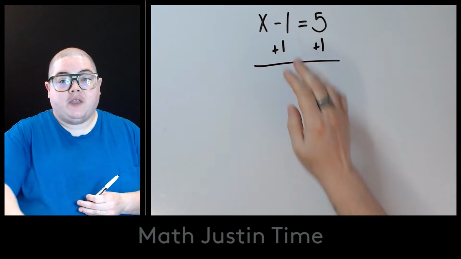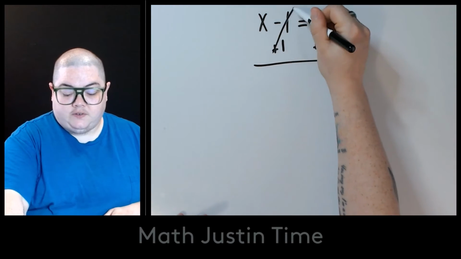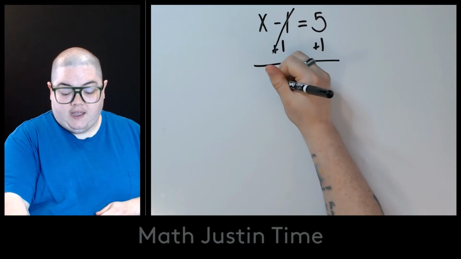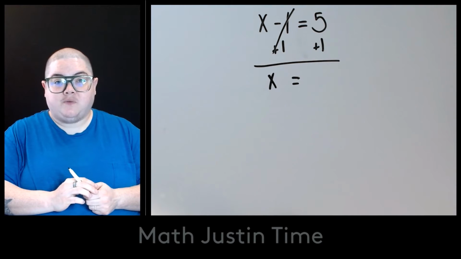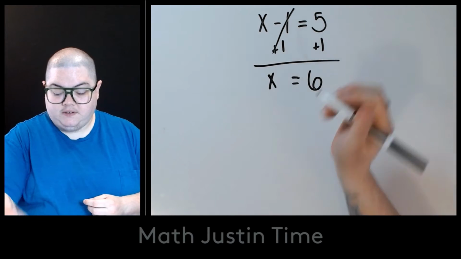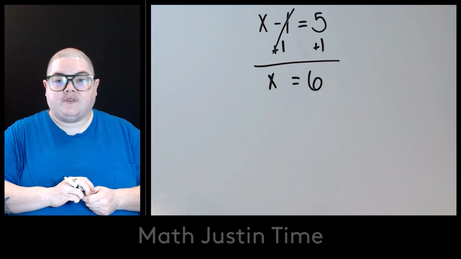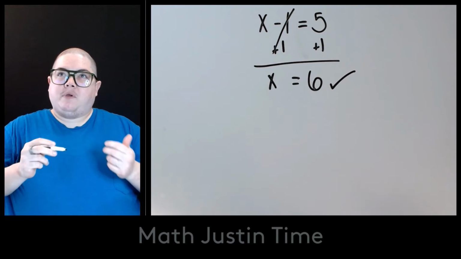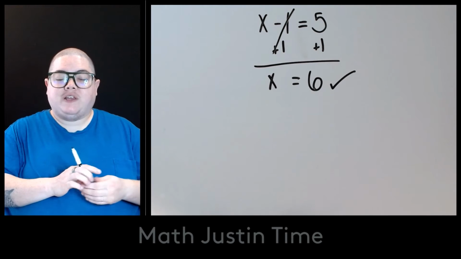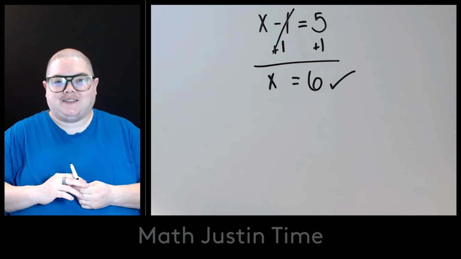And so if we look, we have minus 1, plus 1, and that cancels out, which leaves us with the x, an equal sign, and we have 5 plus 1, which is 6. So let's think. If we plug it in, we have 6 minus 1 is equal to 5. Is that right? It is. Very good. So remember, if it's a minus number, we need to add, and if it's a plus a number, we need to subtract. So whatever the opposite is.